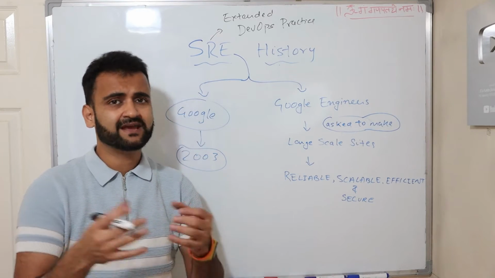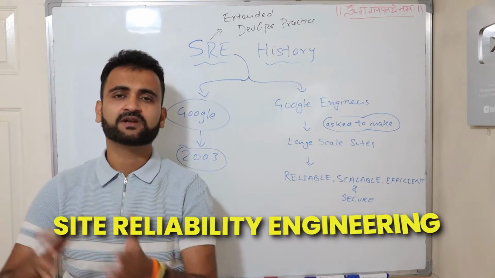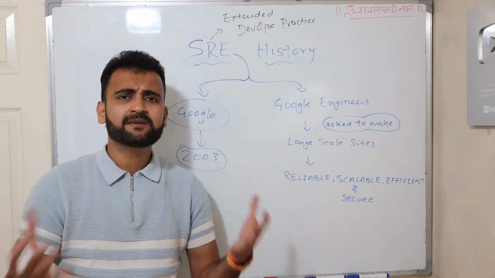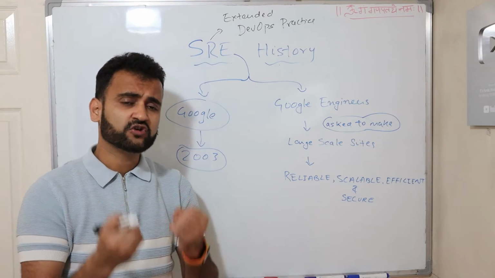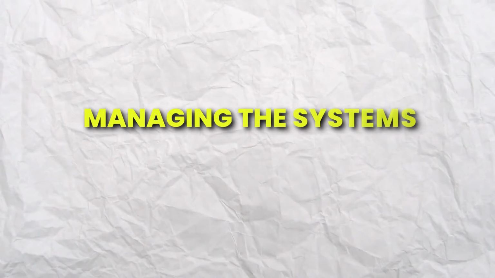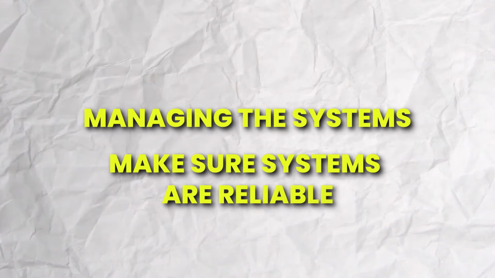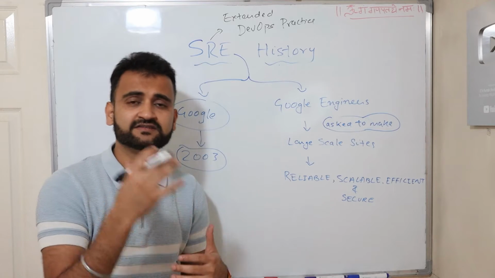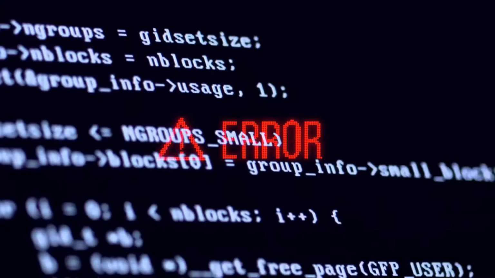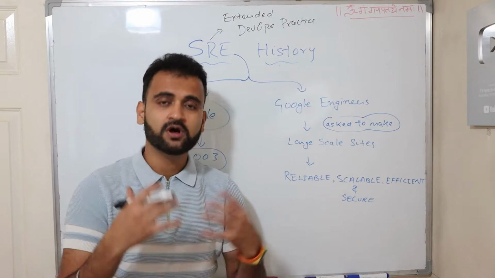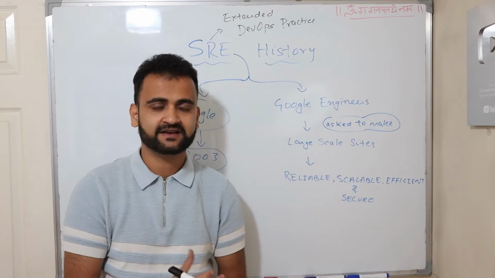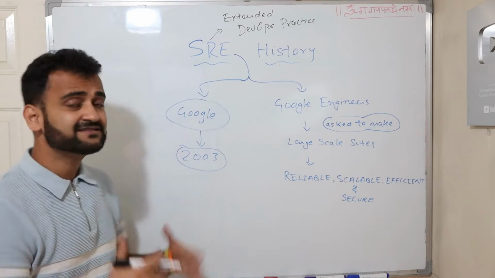That's when they coined this term, site reliability engineering, which by the name itself is quite self-explanatory. This discipline was primarily focused on managing the systems and making sure that the systems are reliable and could run on their own with the least amount of errors, which we'll go into in specific detail as to what these SRE engineers actually do. But this is a brief history.